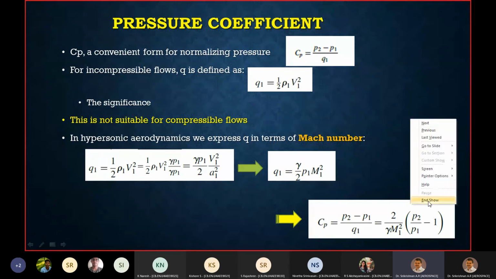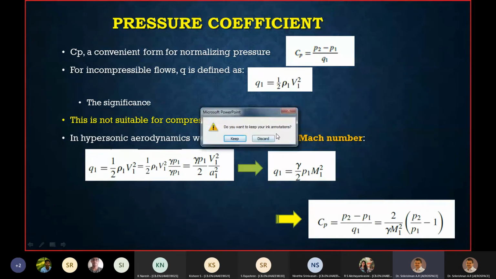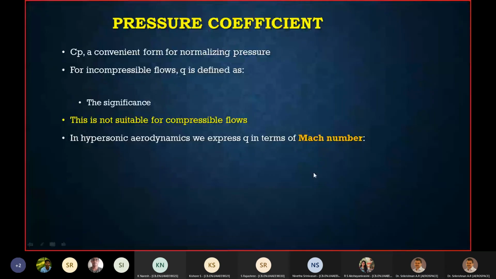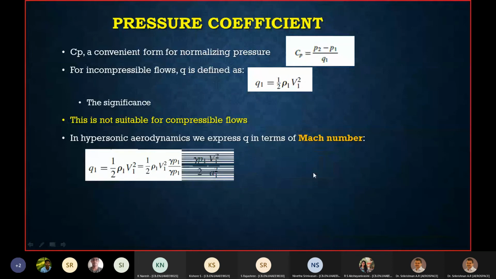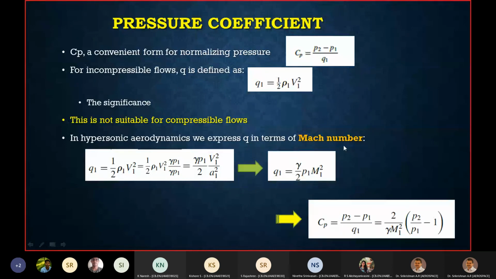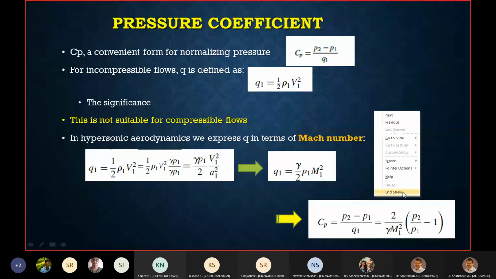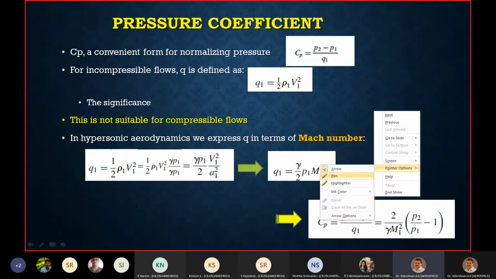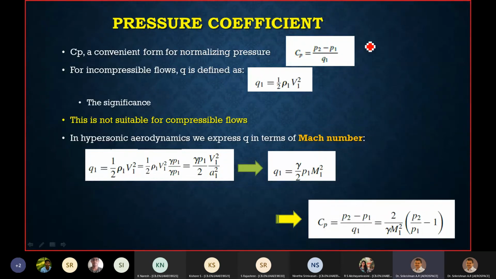So please note that we continue to use the CP definition, but now we are going to use that in terms of Mach number instead of velocity.